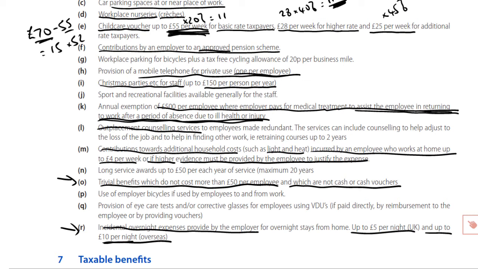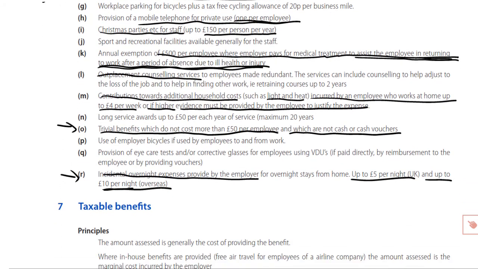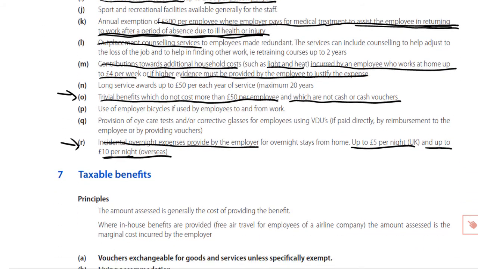The whole £12 would be assessable. So there's quite a lot in that list, but there's nothing probably of huge significance, as compared to the major areas that we see in terms of taxable benefits here.